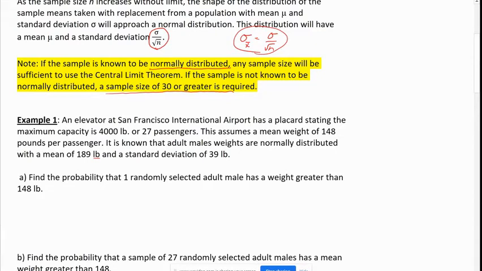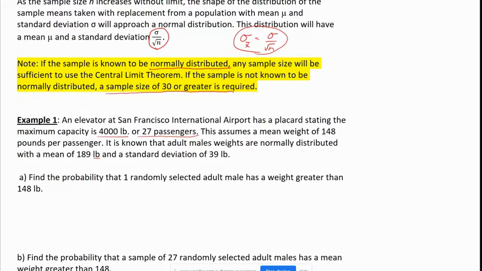In example 1, we have an elevator that has a 4,000-pound capacity. The placard says 4,000 pounds or 27 passengers. So we're trying to analyze, is it realistic that 27 passengers is about the same as 4,000 pounds? Let's suppose that we filled the elevator full of adult males.